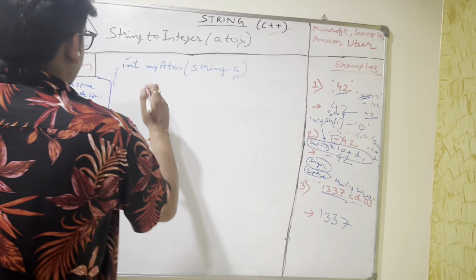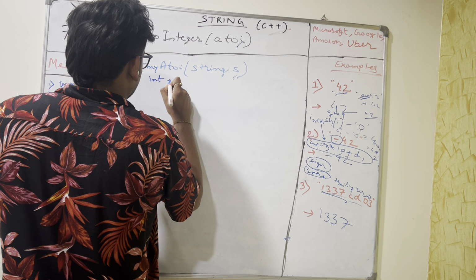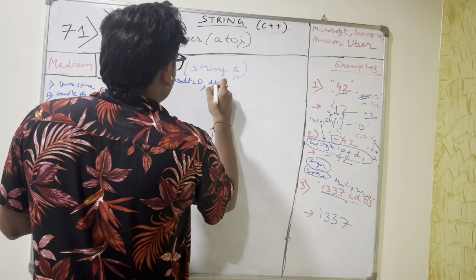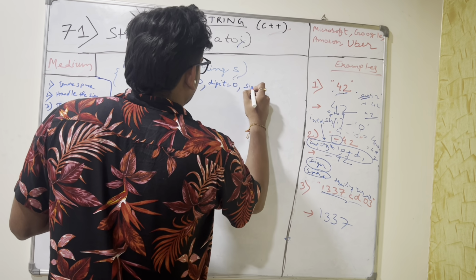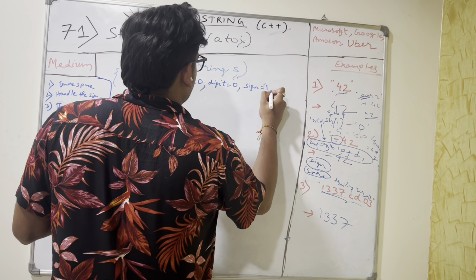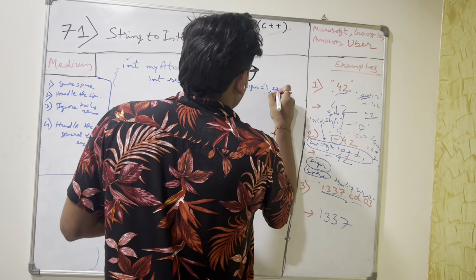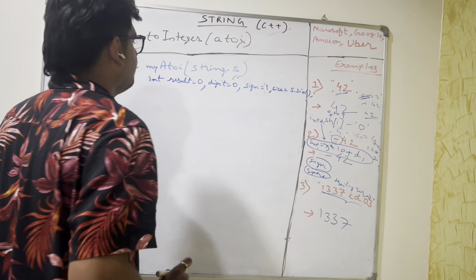So we'll have int result equal to 0, digit equal to 0, whatever the value is there, and then sign equal to, we'll take by default 1, sign as 1. What else? Do we need anything? Size is string dot size. So we have these things, right?